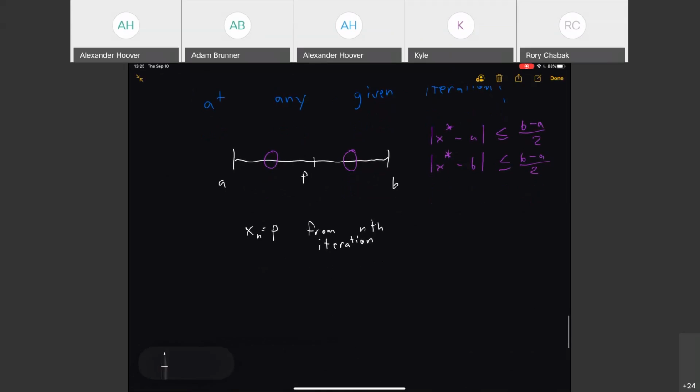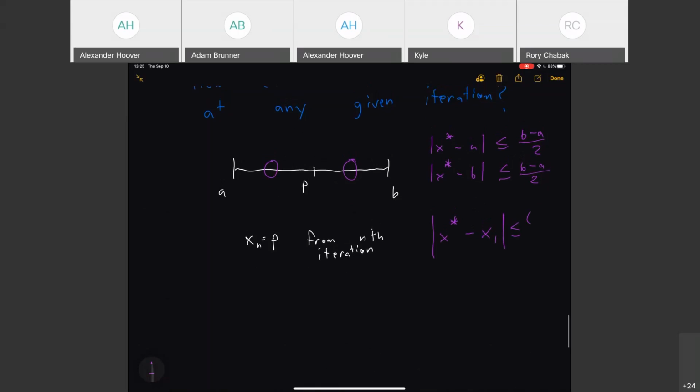So keeping this in mind, if I were to ask what's the max possible distance that x star is from x1, which is the first iteration that we have, it's going to be half of what was the previous length, so (b minus a) over 2 times 1/2.